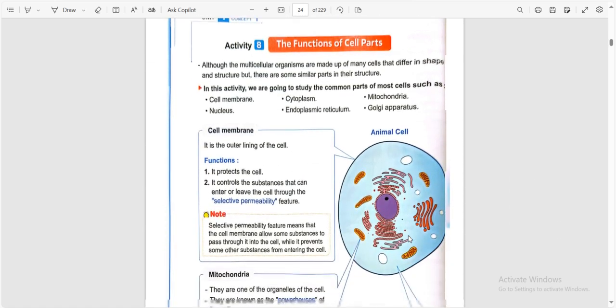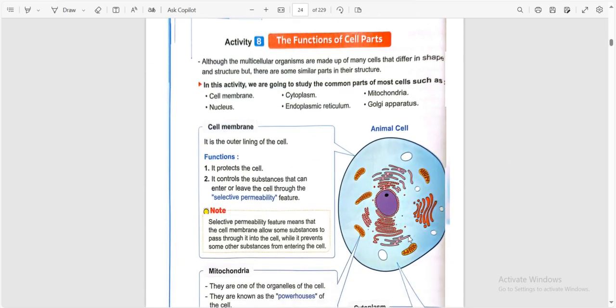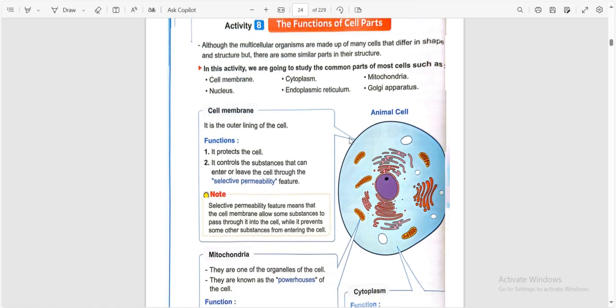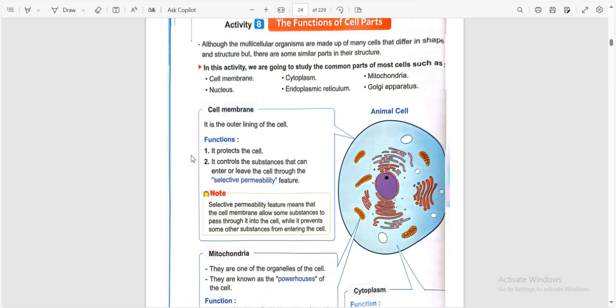And now, we are going to talk about the parts of the animal cell, which we have 6 main parts that we need to know. First, the cell membrane. The cell membrane, it's the outer lining of the cell, and it has 2 functions.